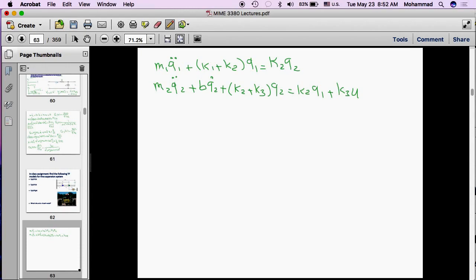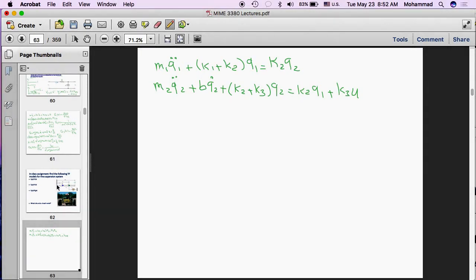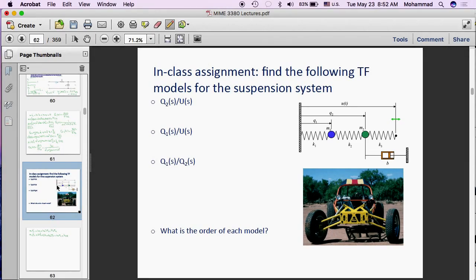So what are we after? We are after three separate transfer functions. The first transfer function that we are trying to find is this one. Let's call this g1 of s. In this transfer function, the input is u, the displacement of the road roughness, and the output is displacement of the second mass, q2.